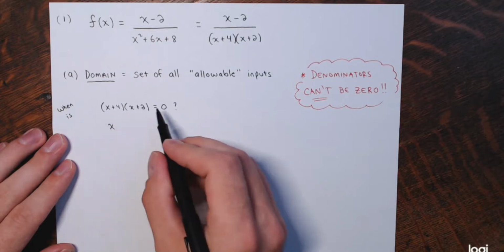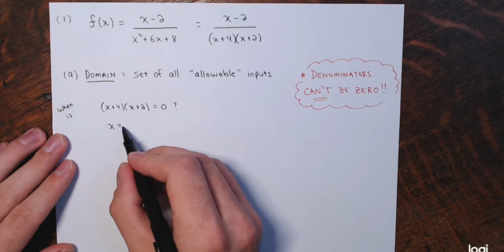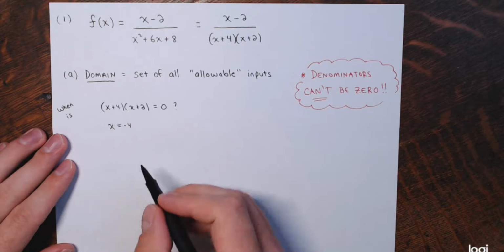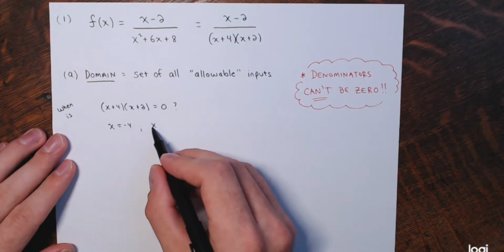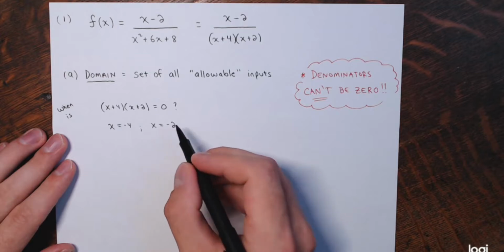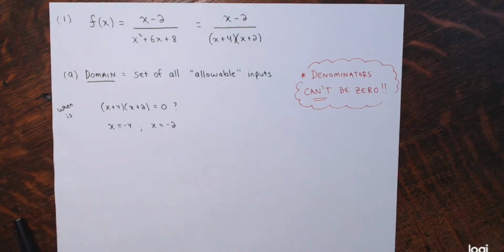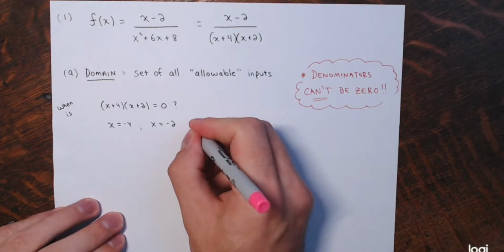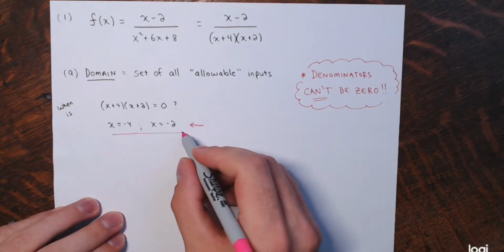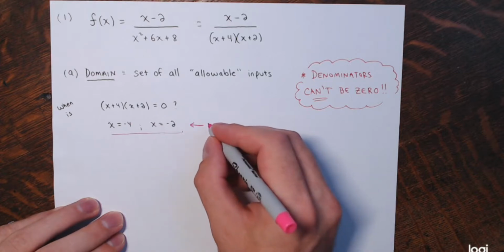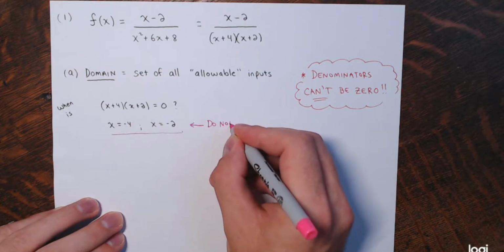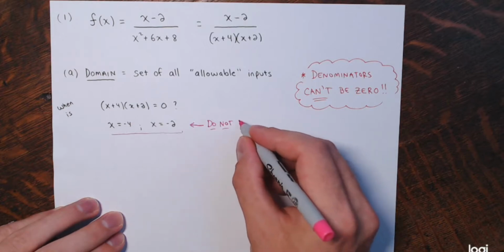When x plus 4 is 0, subtracting 4, x equals negative 4. And when x plus 2 is 0, subtracting 2, we get x equals negative 2. These two values, negative 4 and negative 2, do not belong to the domain.